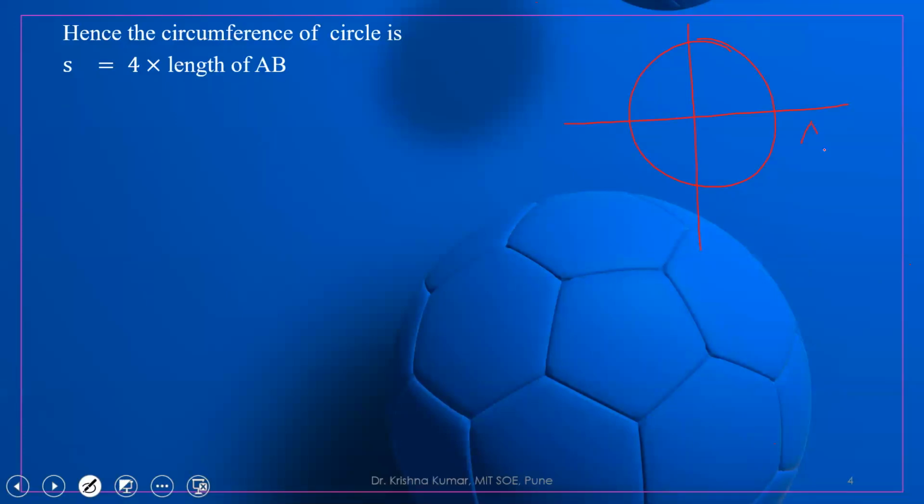This part is A and this is B. So we have to find the length of this curve and multiply it by 4. So this is equal to 4 times, x is equal to what is A? It is the coordinate A 0.